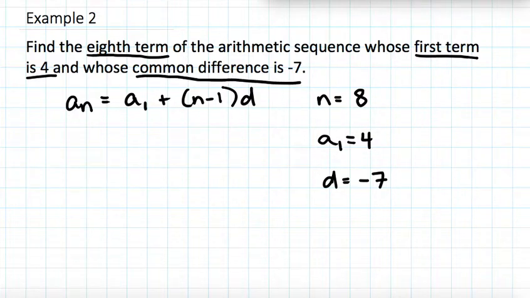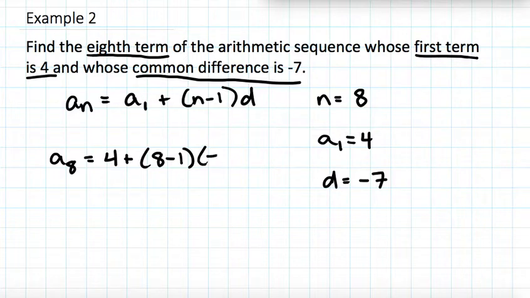So now I'm just going to plug these in. N is 8, so I'm looking for A8, the 8th term. A1 is 4, N is 8, and D is -7. So I'm going to have 4 plus 8 minus 1 times -7. So do the math here. 8 minus 1 is 7.